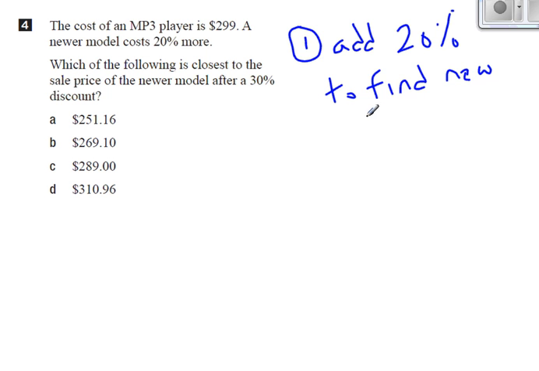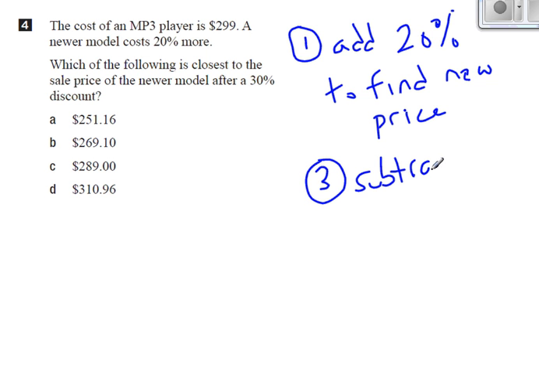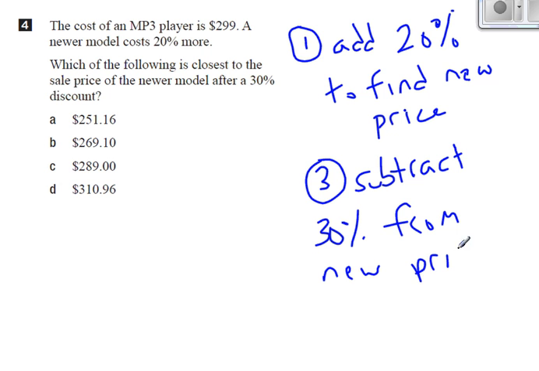Then we're going to have to subtract 30% from the new price because of the discount. So it's adding 20% and then subtracting 30%. And in case you're wondering, no, you can't just do minus 10%. Or can you? We'll find out at the end.